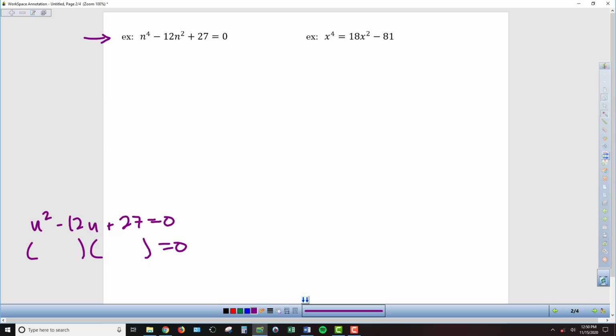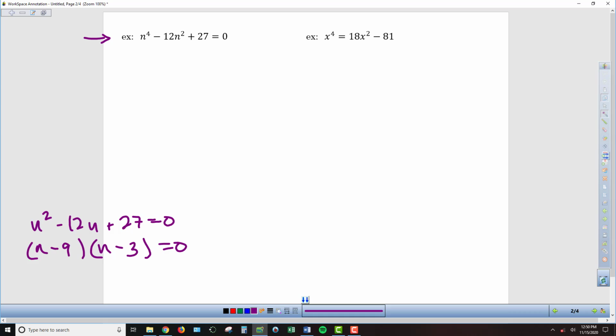There's nothing that we can undistribute, so we'd have n as the first piece in each set of parentheses, and then we'd be looking for 2 numbers that multiply to make 27 and add to make negative 12. So it'd have to be 2 negatives, and so hopefully pretty obviously that'd be minus 9 and minus 3 as the 2 numbers that multiply to make 27 but then add to make negative 12, and so then we'd set those factors equal to 0.